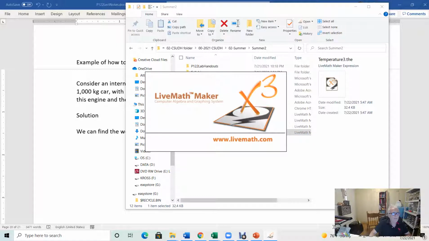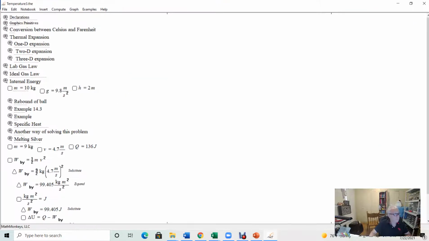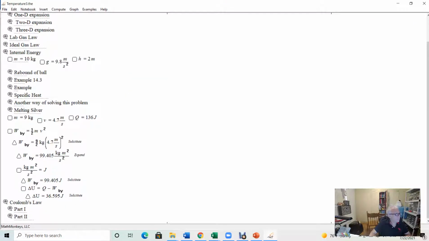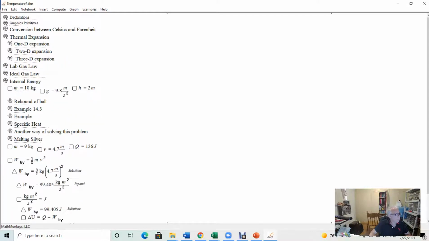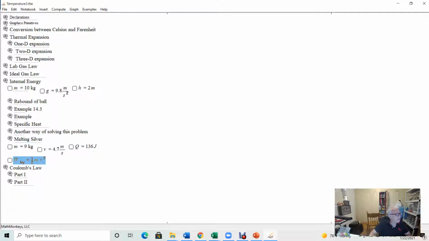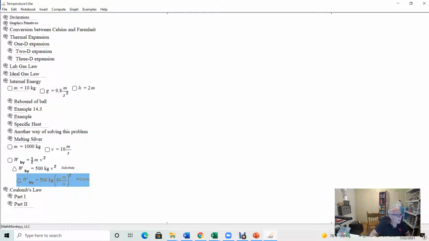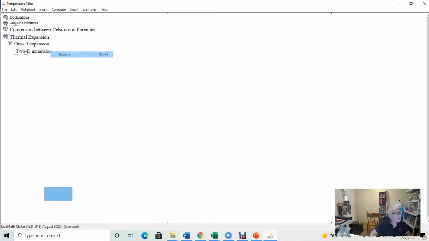We can calculate here using my software. I already have part of it. Let's do that. Half m v squared, and the mass is 1,000 kilograms. The velocity is 10 meters per second. You go.